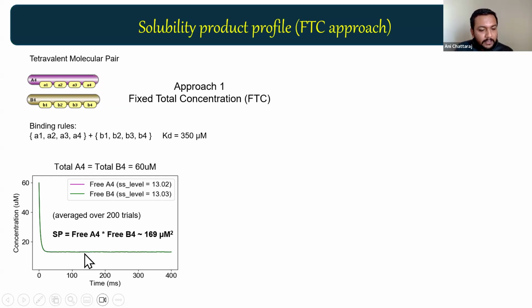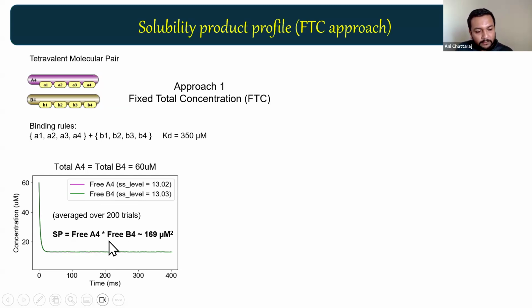Once they reach a steady state, we take the average of A and B. In this case, we're looking at free A and free B. As you can imagine, initially all of them are free because there is no reaction. They start to react and reach this plateauing level here. Once they reach the plateau, we take the average of free A and the average of free B.